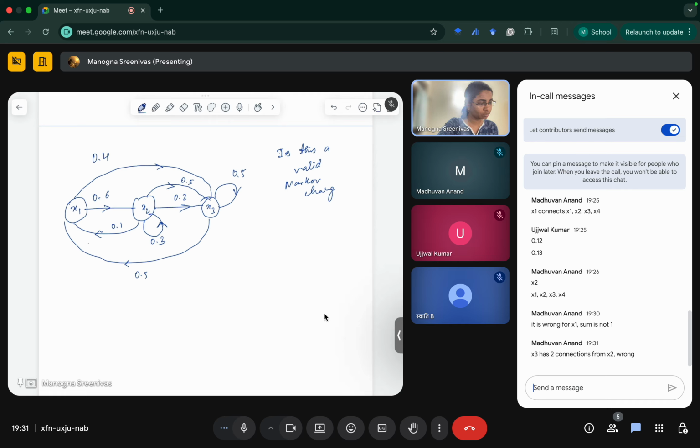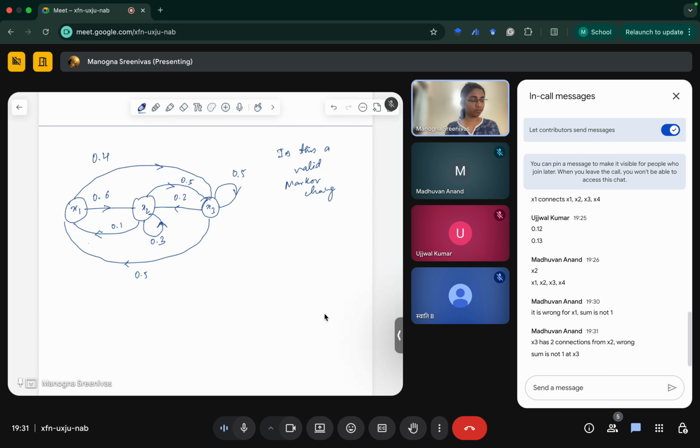x3 has 2 connections. Okay. Yeah, I didn't notice that. Fine. Maybe I'll do it this way. Is it valid now? But do the probabilities sum up correctly?